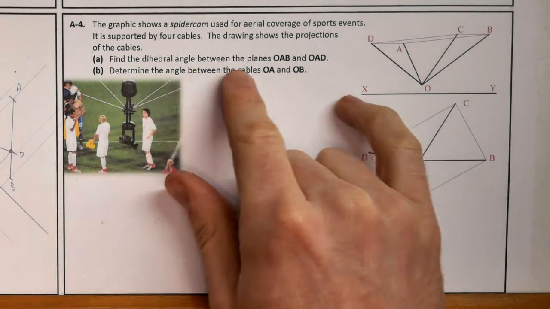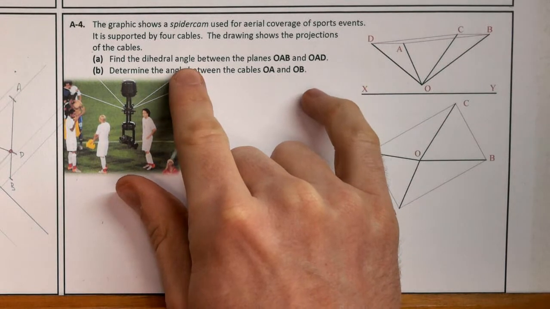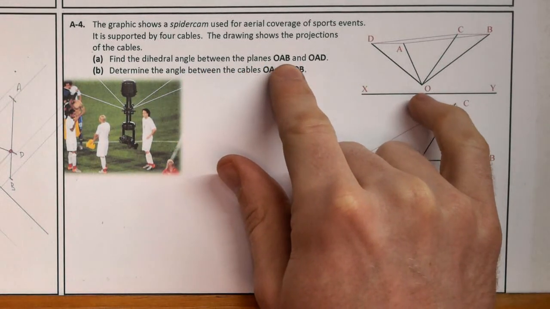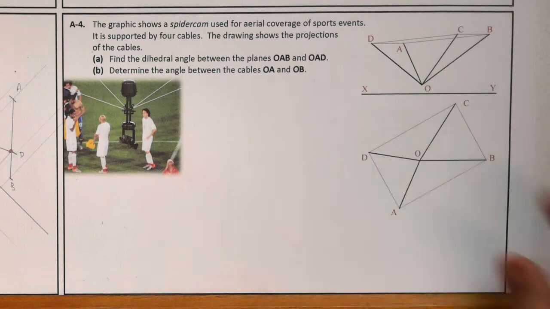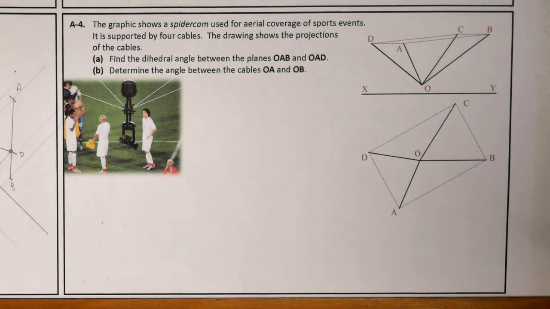Find the dihedral between planes AOB and AOD. So these are the planes we're going to deal with. I'm just going to lightly shade them in just to make things a little bit clearer for us in this question.